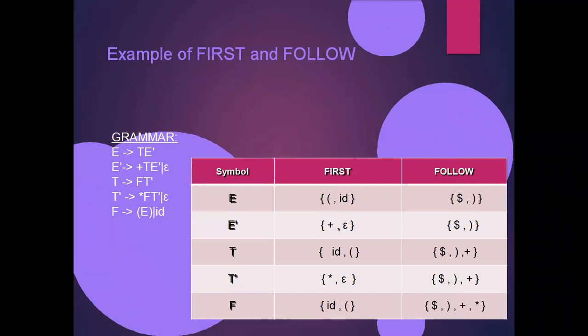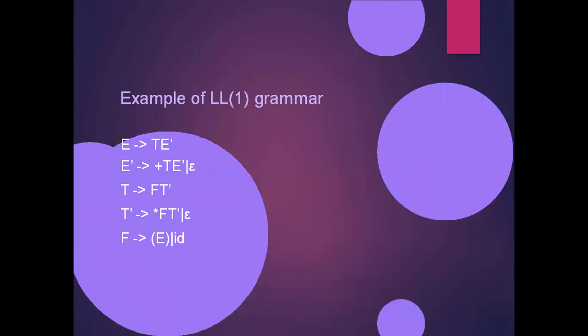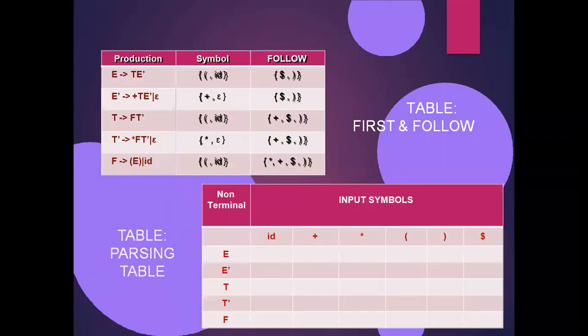See, this is the first and follow table. This we already learned in the last class. We know how to compute the first and follow functions. From this, we are representing a parsing table. Here, the representation of the parsing table is a 2D matrix. At one side, we need to define all the non-terminals, all the variables like this.